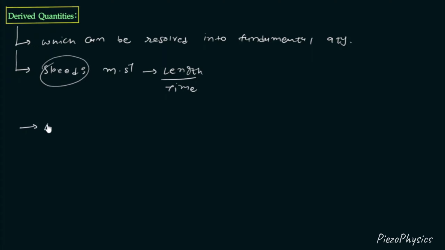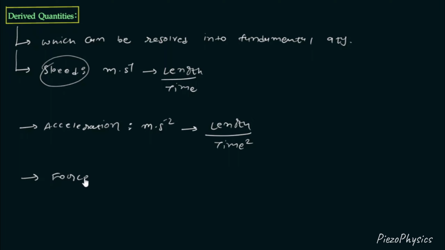Similarly, acceleration has unit meter second inverse 2, right? It can be written as length upon time square. Then we have another derived quantity, that is force. Force can be written as kilogram meter second inverse 2, right?